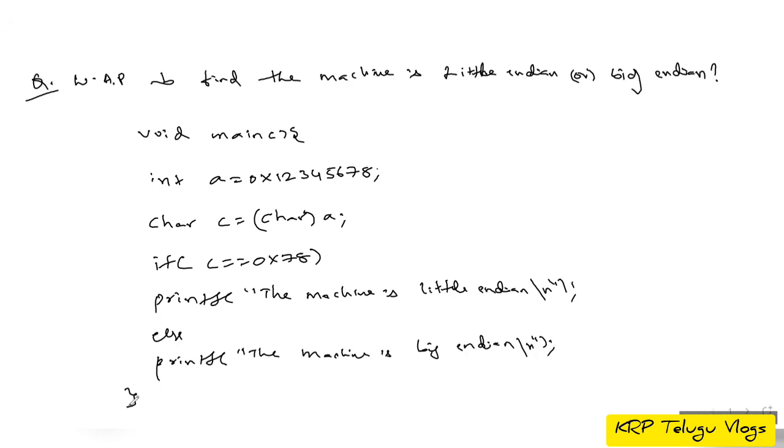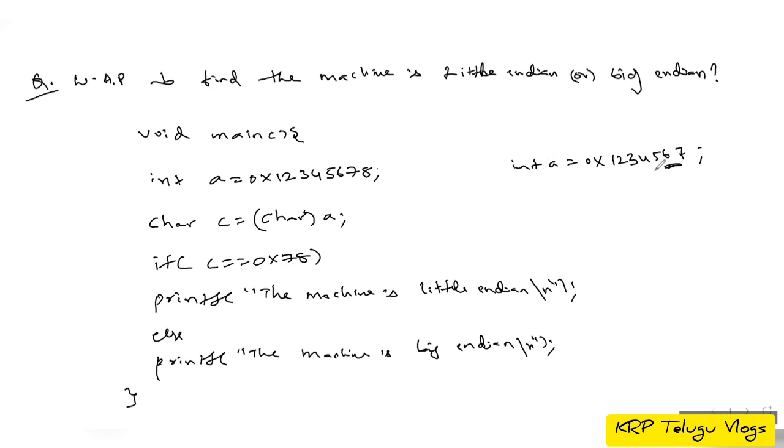Sir, yes, ma'am. What if a has only 7 members? What if a has only up to 7? Int a is equal to 0x01234567. At that time you have to check the last 2 digits.